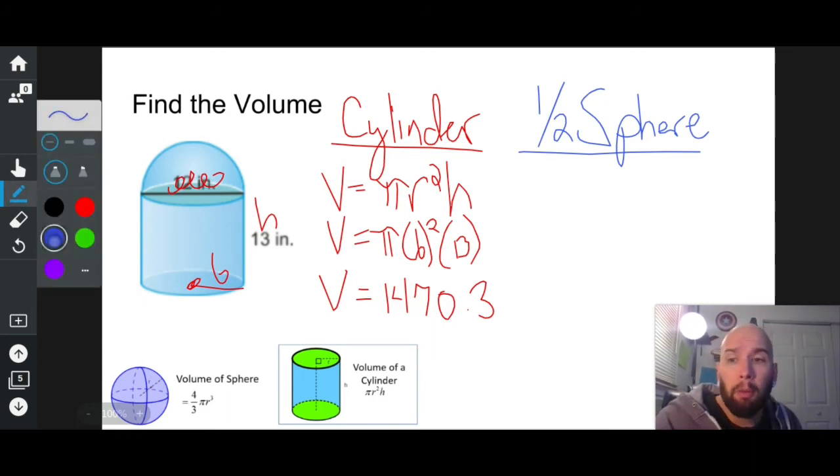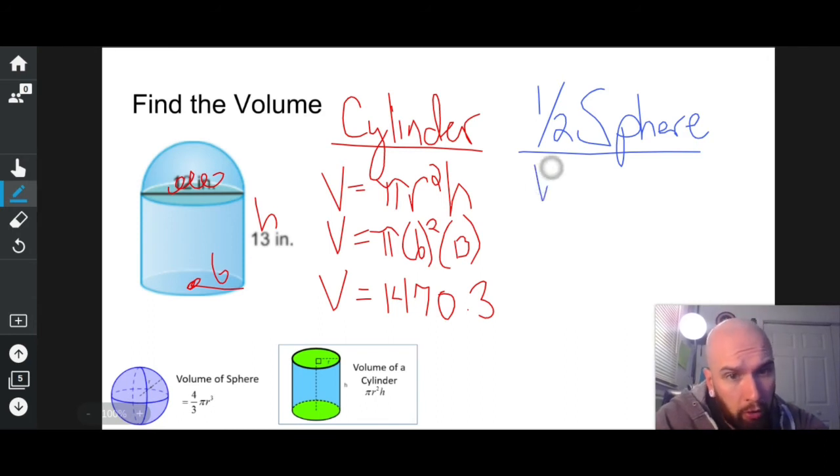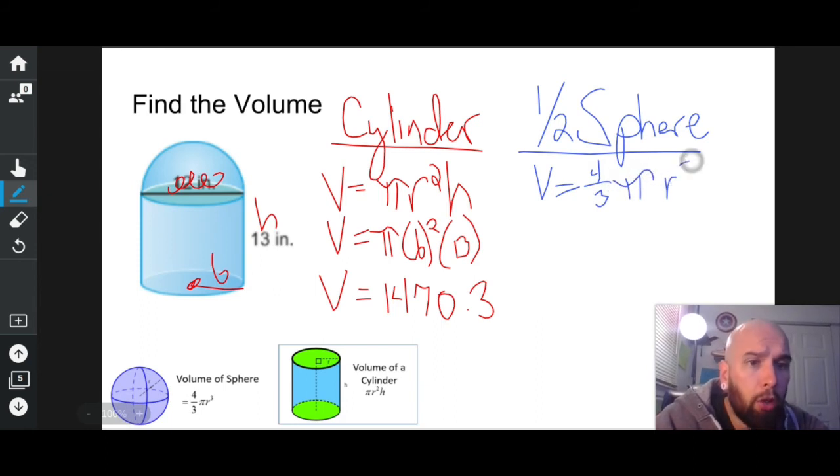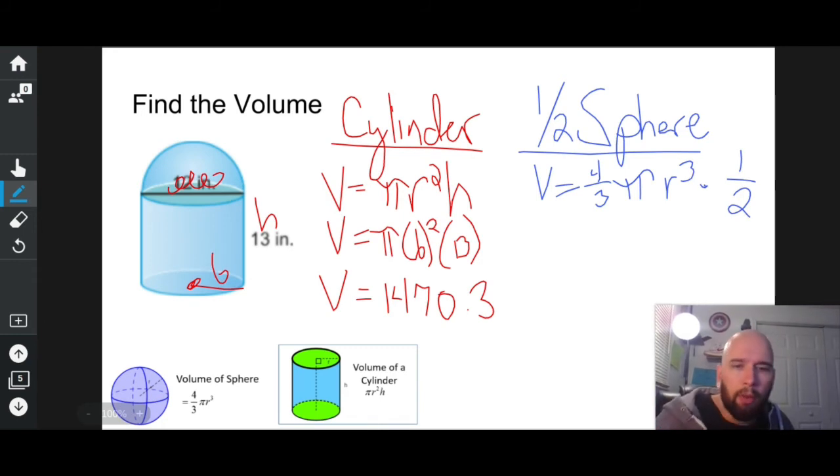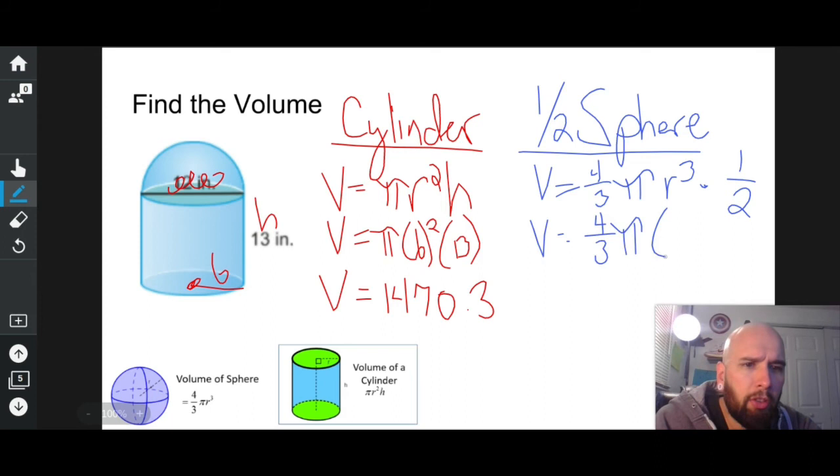So I have my sphere. I know that a whole sphere is going to be 4/3 pi r cubed. So a half sphere is going to be 4/3 pi r cubed times a half. See, I told you it would be nothing to worry about because we're just going to take half of it. My sphere over here shares the same radius as the cylinder, so 4/3 pi 6 cubed times a half.